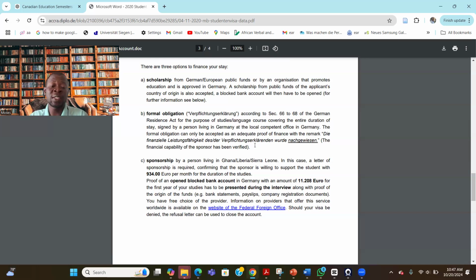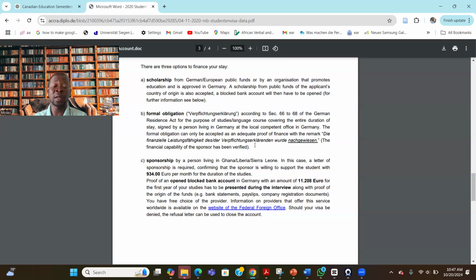So this is a letter that somebody who is staying in Germany, whether your friend, your uncle, your family member, whoever, can take your admission letter, your address and your passport, and go to the local competent office, or what we call the Rathaus or city hall.